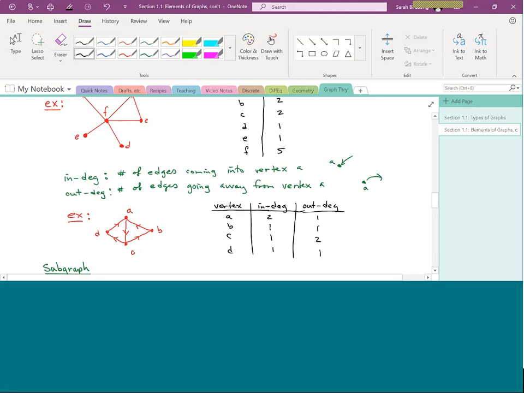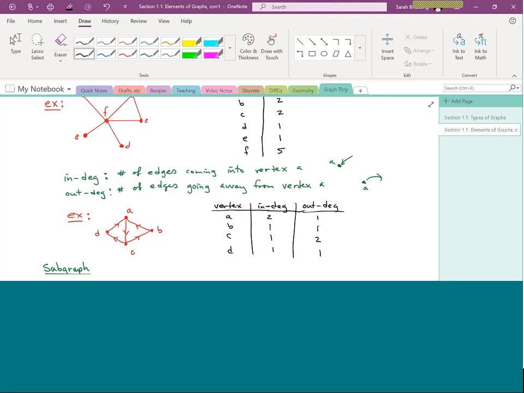Because there's exactly 1 arrow head and exactly 1 arrow tail per edge, and that sum will be the number of edges. It turns out that there's a property that we'll get to probably in chapter 2, where your author talks about it, that says if you sum up the degrees in a regular simple graph, you actually get double the number of edges. Why? Because you counted each edge twice, once for each of the 2 endpoints.